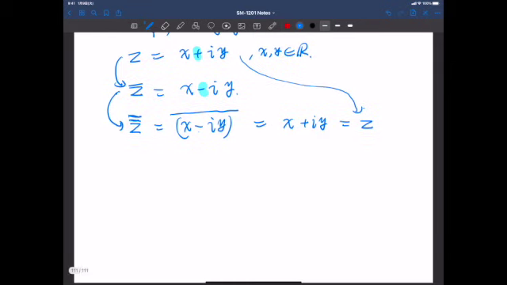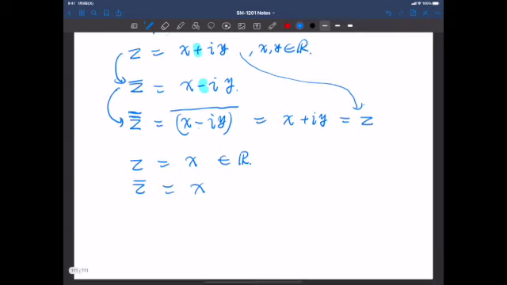And as you can see, if z is actually a real number, then its conjugate is the same real number. If z is a purely imaginary number, then its complex conjugate is the negative of that purely imaginary number.